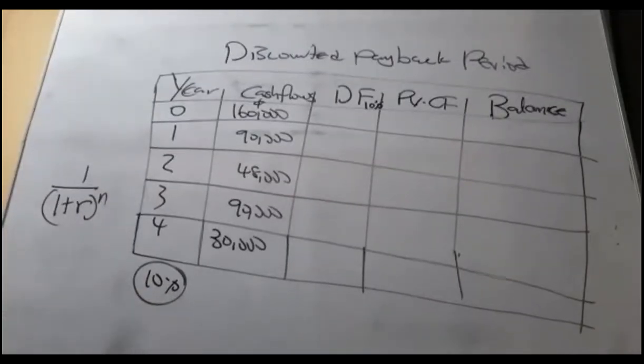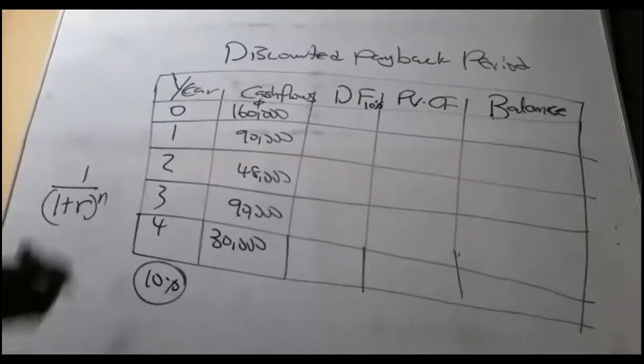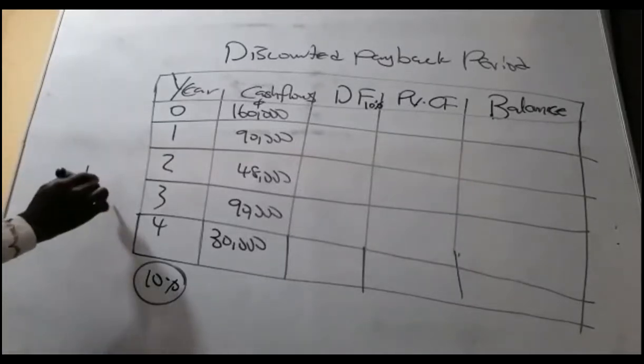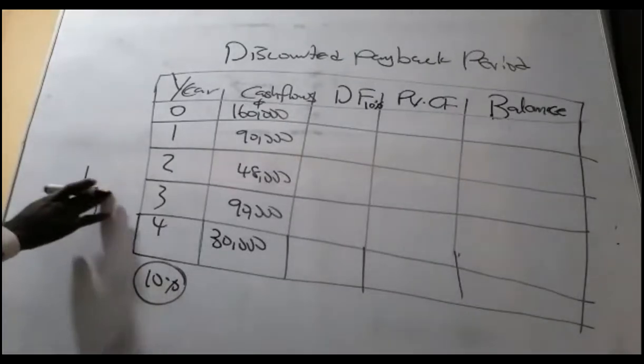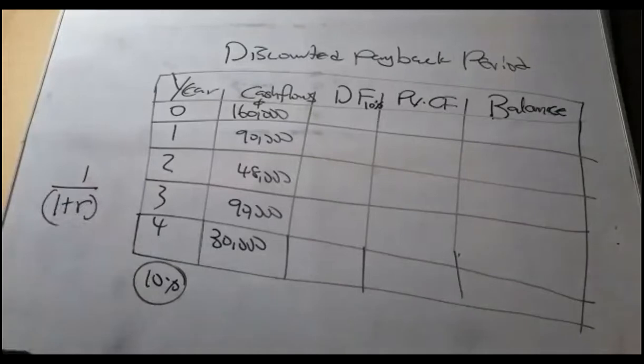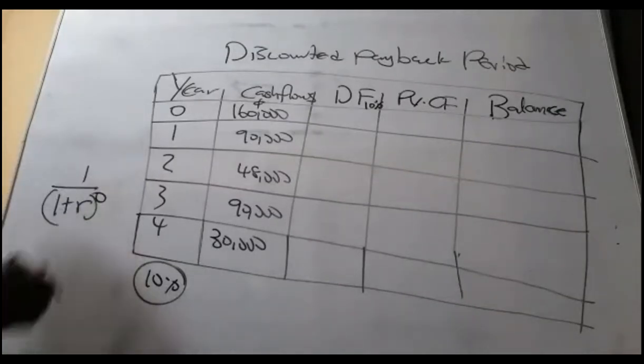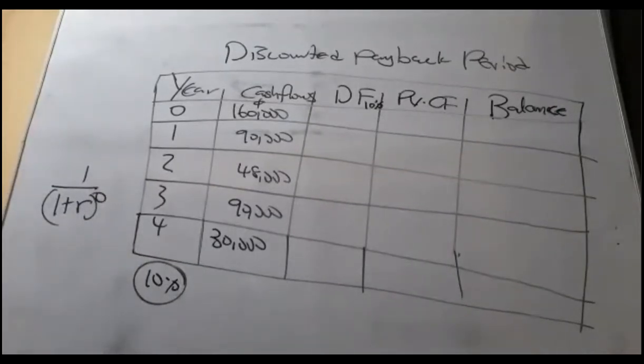We are done. So if you are in year one, put year one here. If you're in year two, put 2 there. If you're in year 4, put 4 there. That is how we arrive at the discount factors. If you're in year 0, put 0 there. Just that always year 0 is equal to 1.